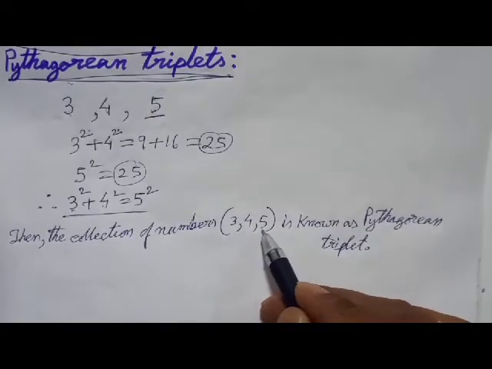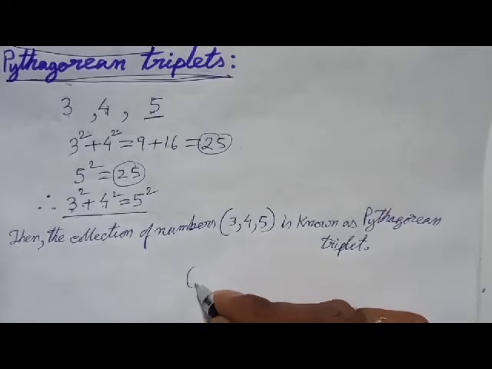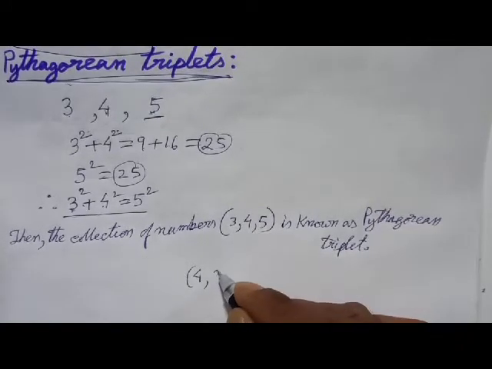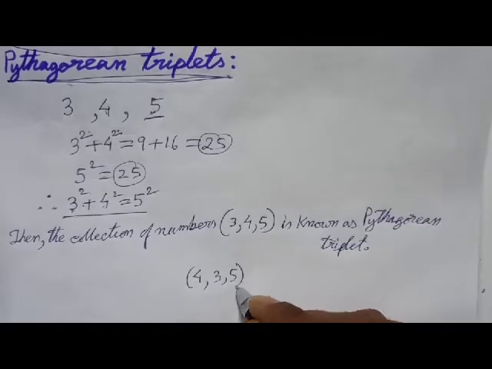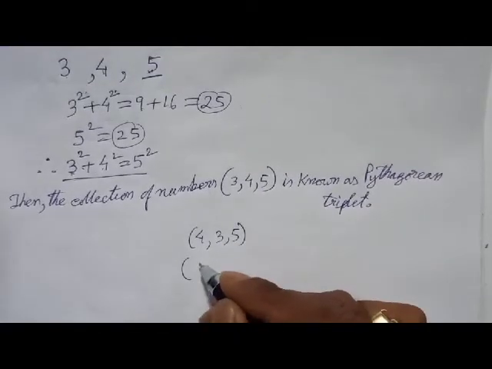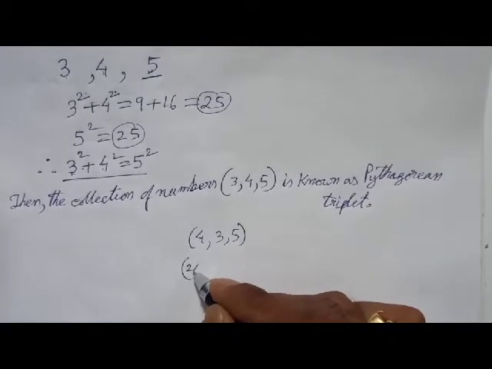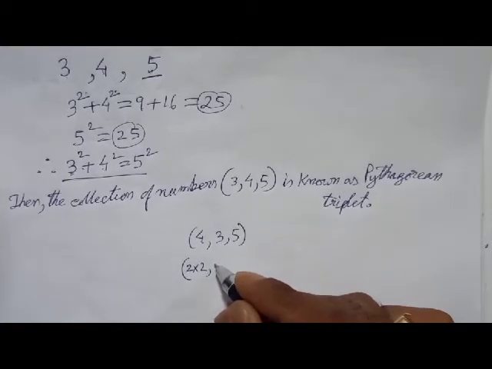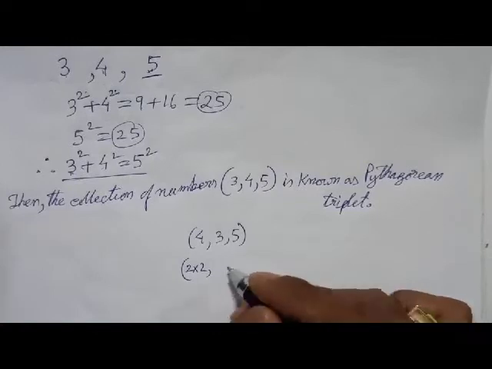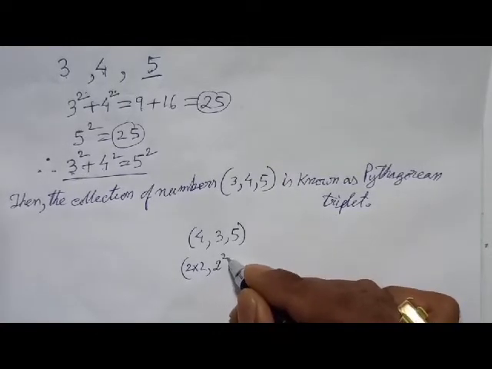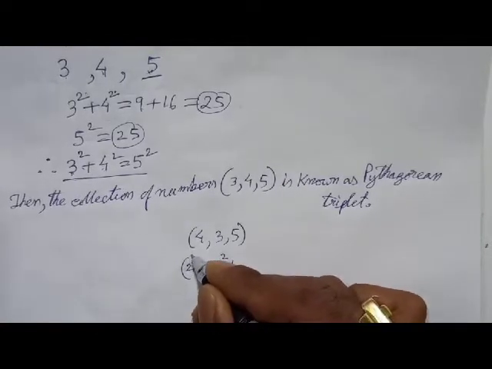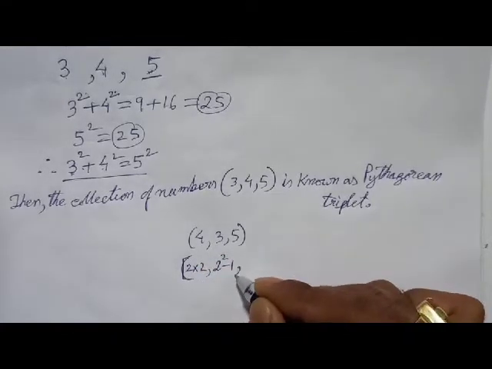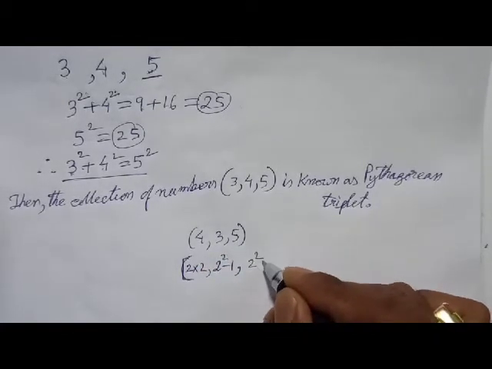These 3, 4 and 5 we can write as 4 first, then 3, after that 5. Again, this number 4 we can write as 2 into 2, and this number 3 we can write as 2 square minus 1, and this number 5 we can write as 2 square plus 1.